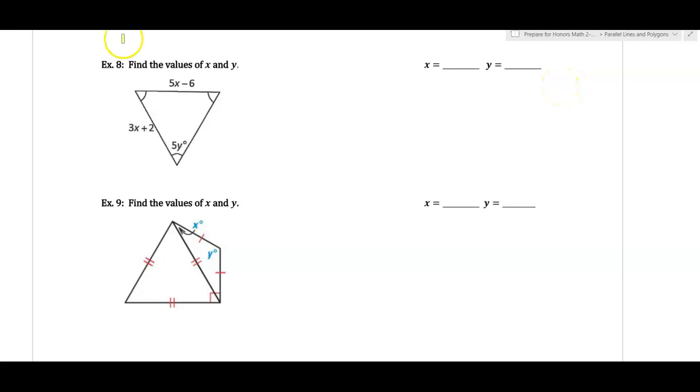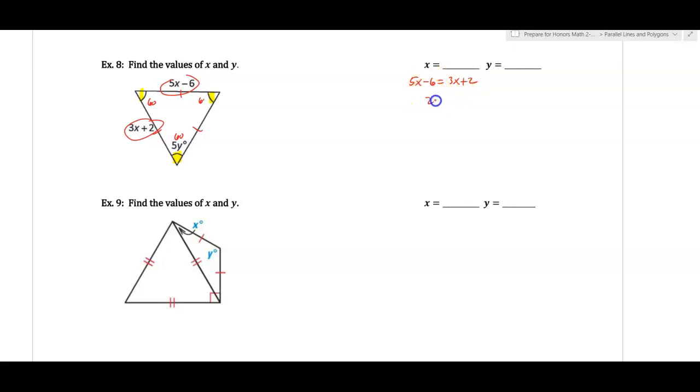Example 8, they're telling you all three angles are congruent now. Okay, and if all three angles are congruent, that means all of them are 60 degrees. If all three angles are congruent, we know all three sides are congruent. So the setup to find x is, if this side is congruent to this side, I'm going to set the measures equal to each other.